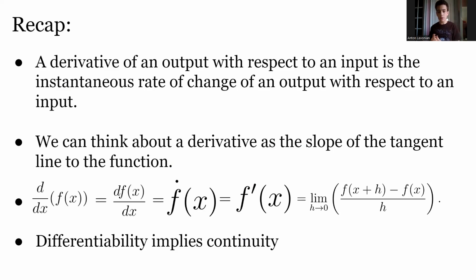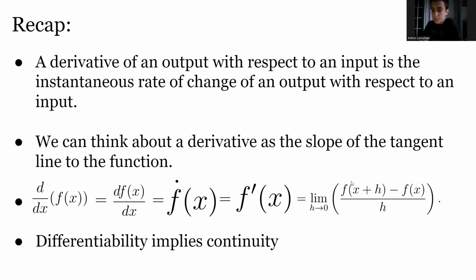So a derivative of a function at a certain input is the slope of a tangent line to that function at that input. We think about all of this by drawing a line between a point and another point that is infinitely close to it. One of those points could be x comma f of x, the other x plus h comma f of x plus h.